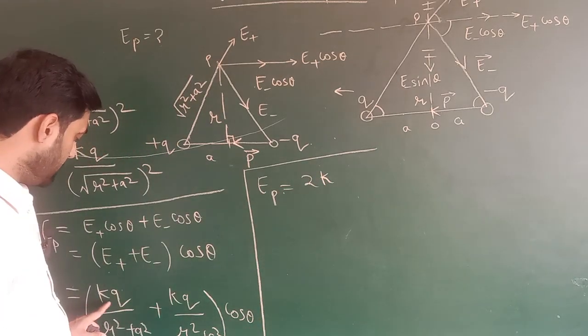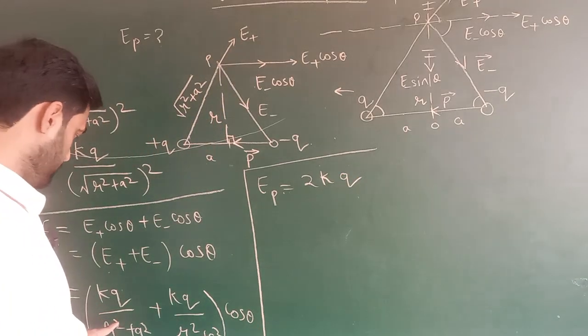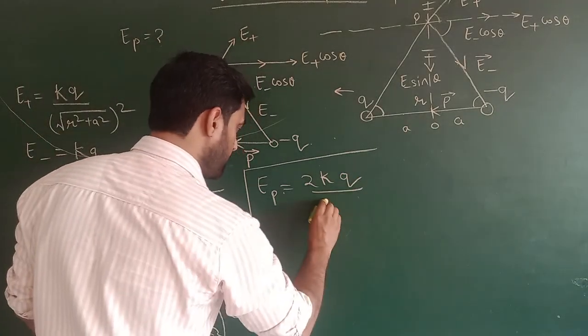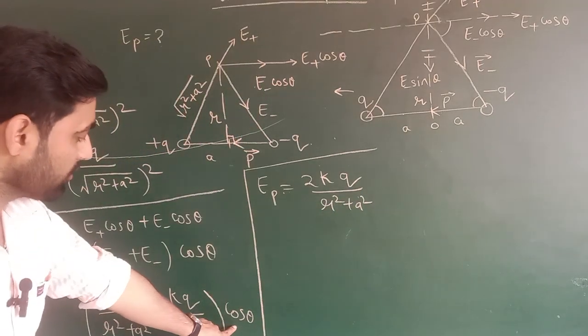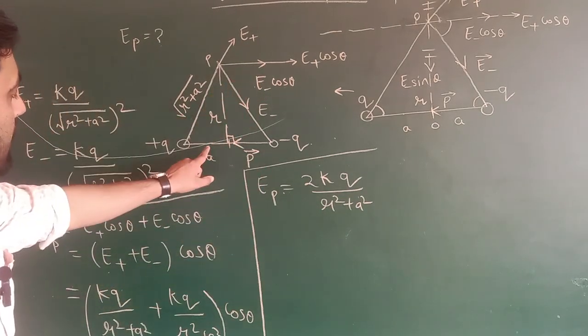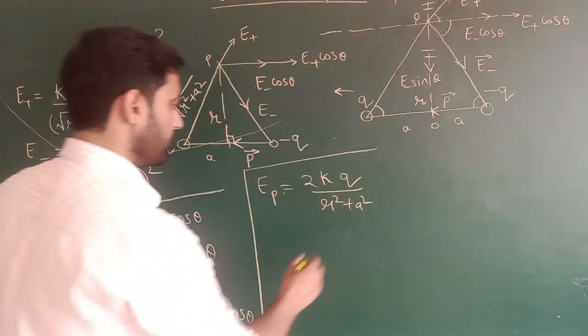2 times kq, and on the place of cos theta we can write base upon hypotenuse. Base upon hypotenuse.